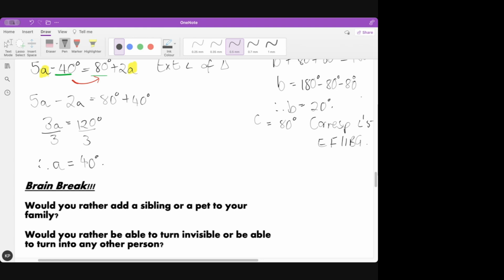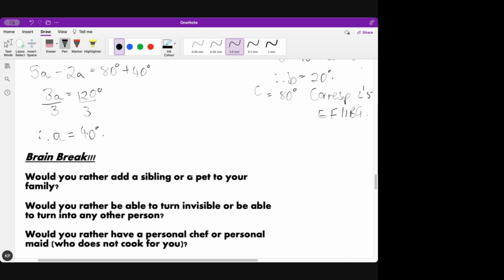Yo, guys. The next one, would you rather have a personal chef or a personal maid who can't cook? But think about it, right? If you could turn invisible, people would know already. Even if I saw you go in the house, but you're not there, I already suspect. I'll be like, I know you are there, just avoiding me.